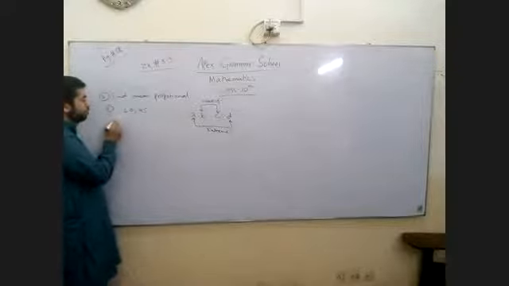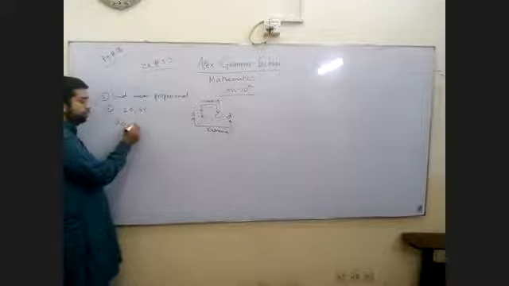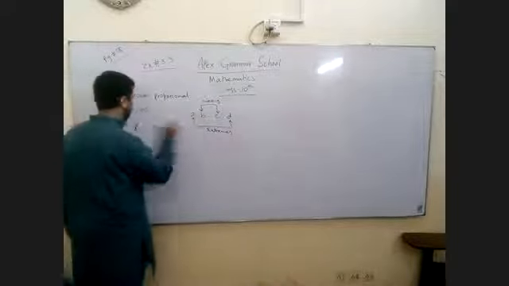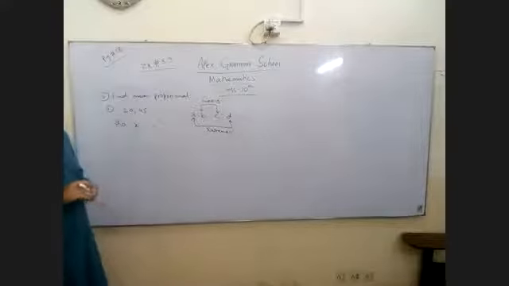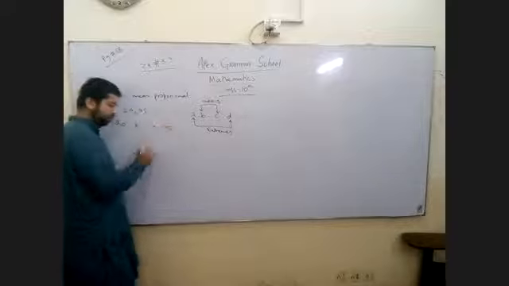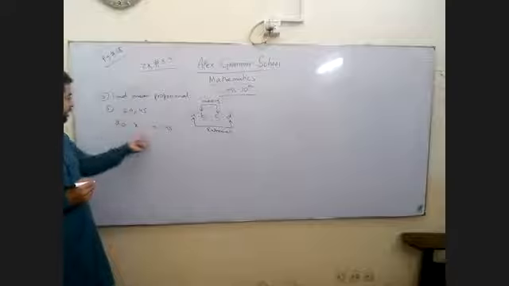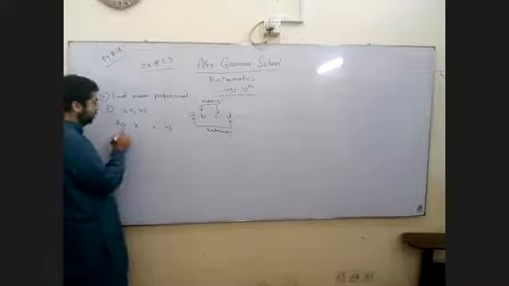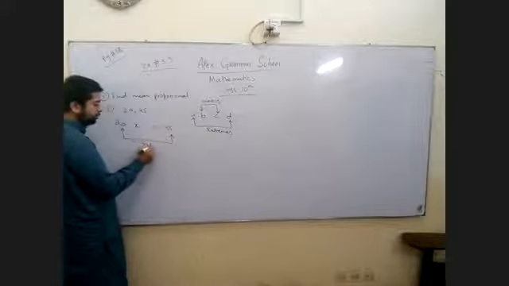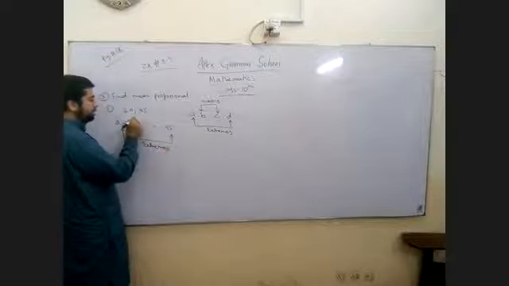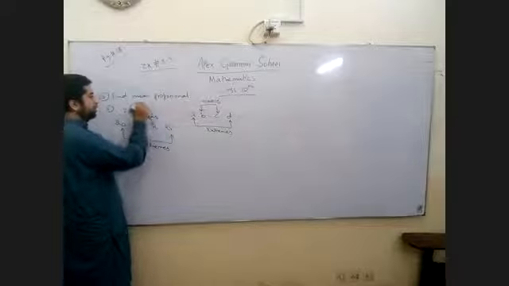So to find the mean proportion, you write 20 ratio x, and again the mean is x, because both are means, and the ratio x to 45. Both ends are extremes, and we let the means be a variable like x. These are extremes, and these are means, which we need to find.